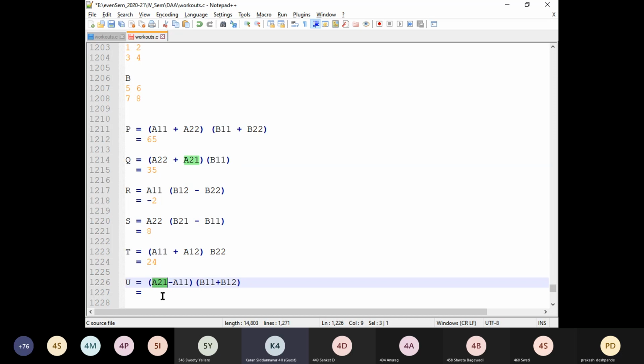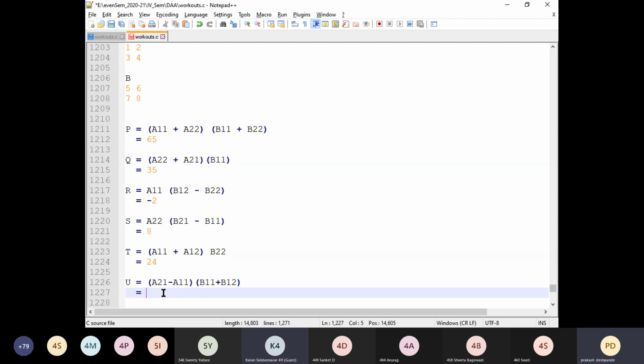Second row, first column. What is there in second row, first column? 3. Substitute the values. Okay, 3 minus. Don't be so stupid to tell yourself that you are getting confused.